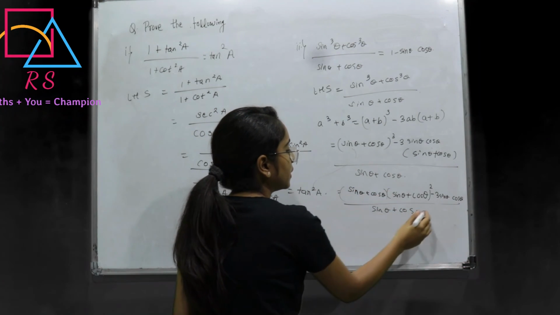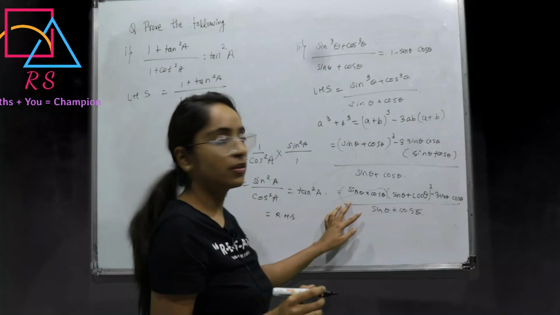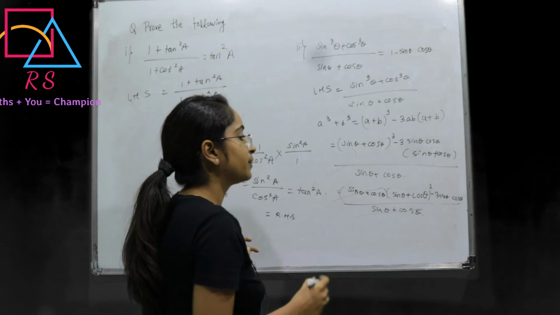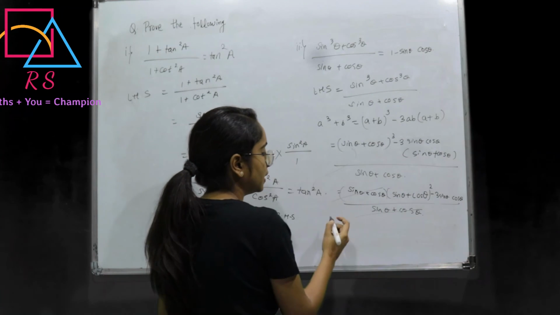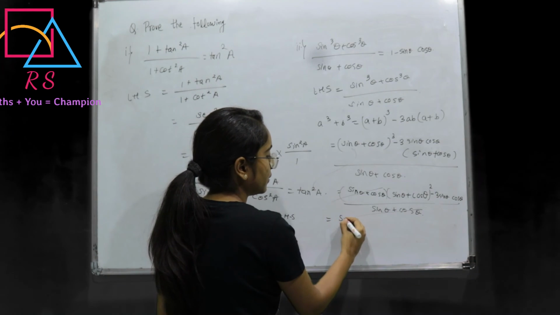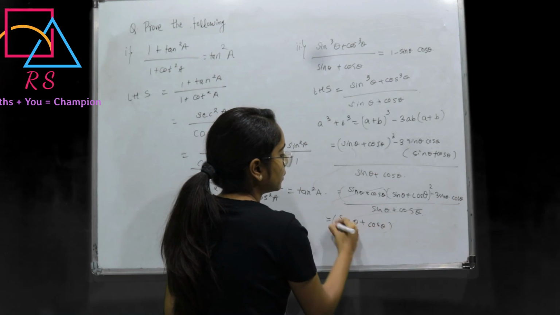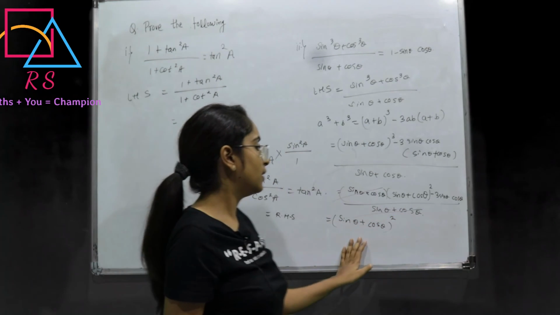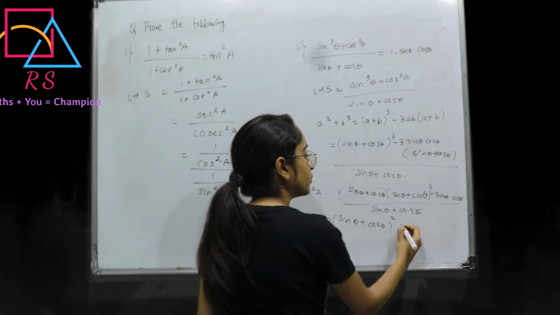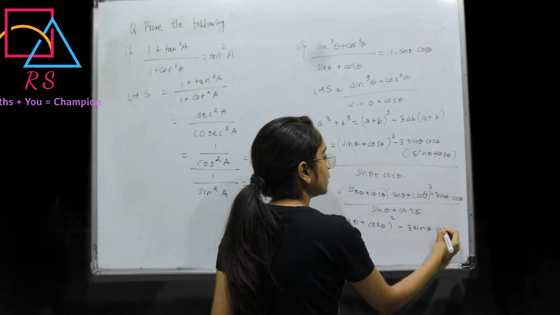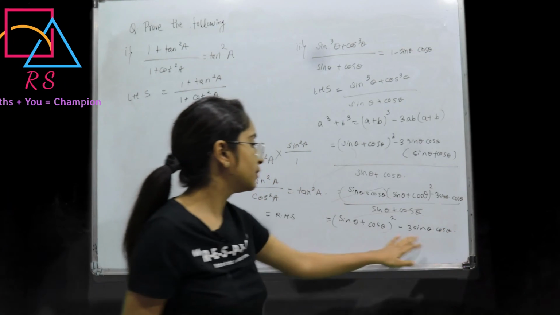Now we can cancel sin theta plus cos theta, as it is present in both numerator and denominator, and simplify the remaining values. In the numerator we get (sin theta plus cos theta) whole square minus 3 sin theta cos theta.